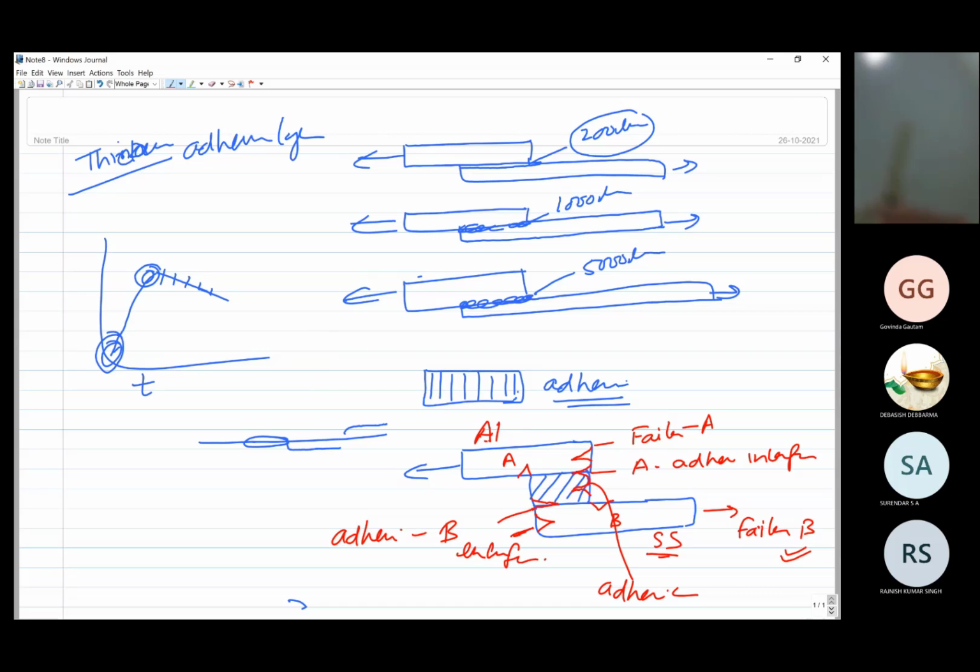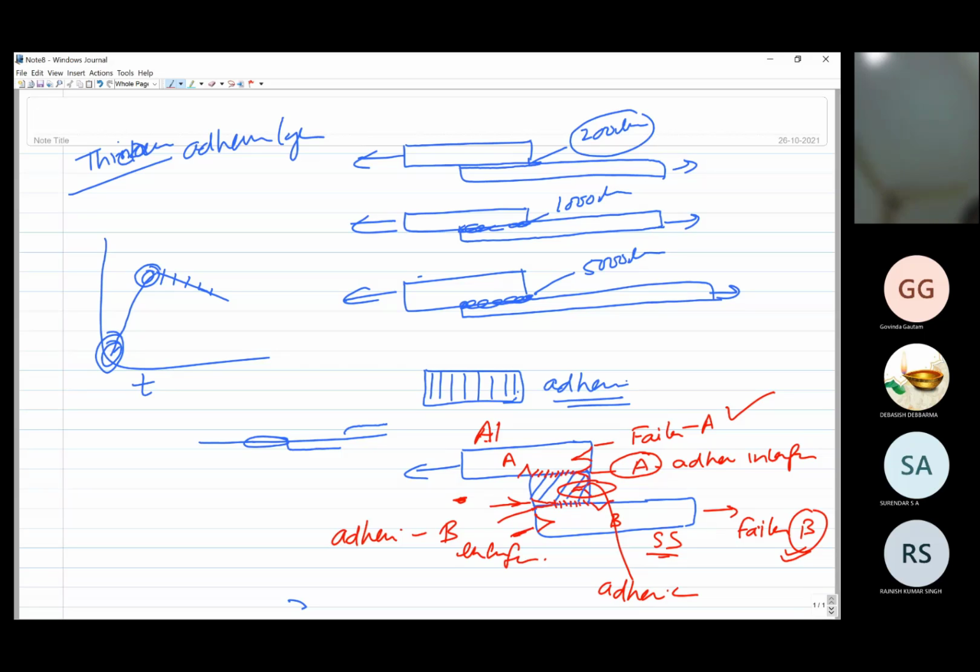Because the surface impurities, surface oxides, the oxide thickness layers, all those are different, and accordingly your adhesive bond strength on the aluminum side and adhesive bond strength on the stainless steel side is going to be different. So there are 5 failure locations: from A, from B, from the adhesive and the A metal side interface, from adhesive and B side metal interface, that is this, and the failure of the adhesive on its own.